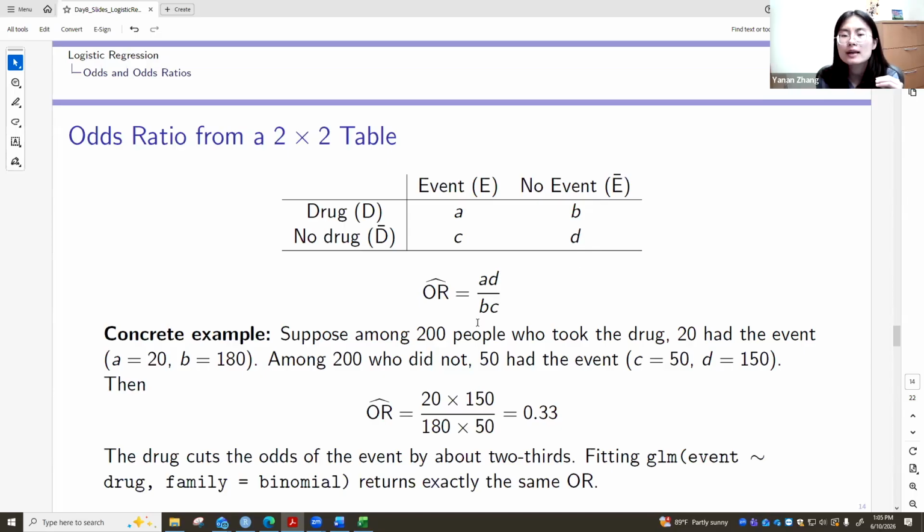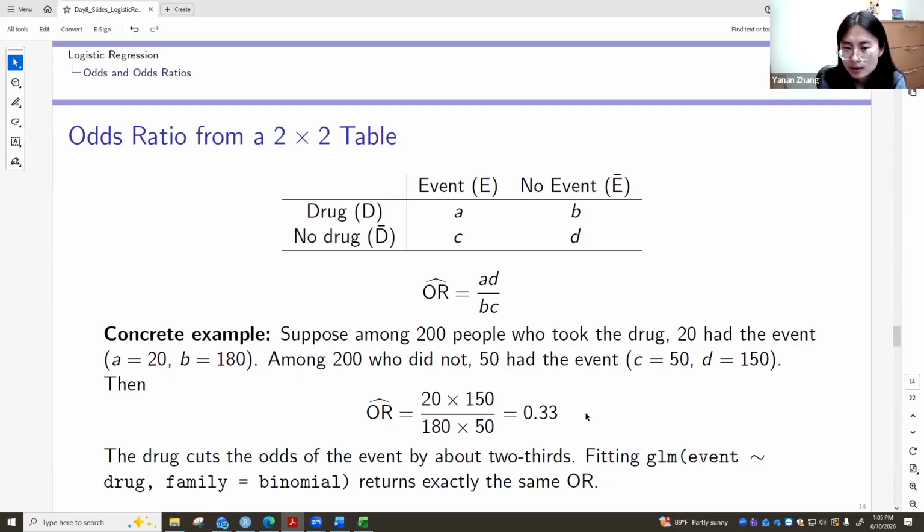Now, if we calculate the odds ratio of the event, comparing people who take the drug versus people who don't take the drug, we can use this little formula, A times D over B times C. So it will be 20 times 150, A and D, over B, which is 180, and C, which is 50. And the odds ratio is about 1/3.